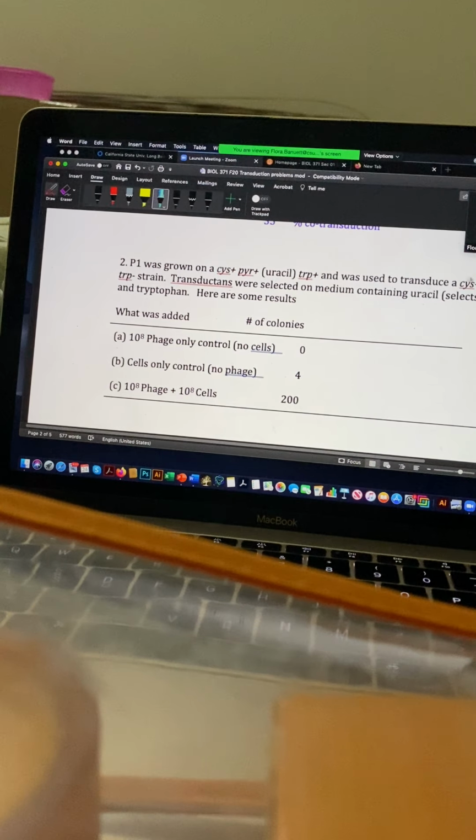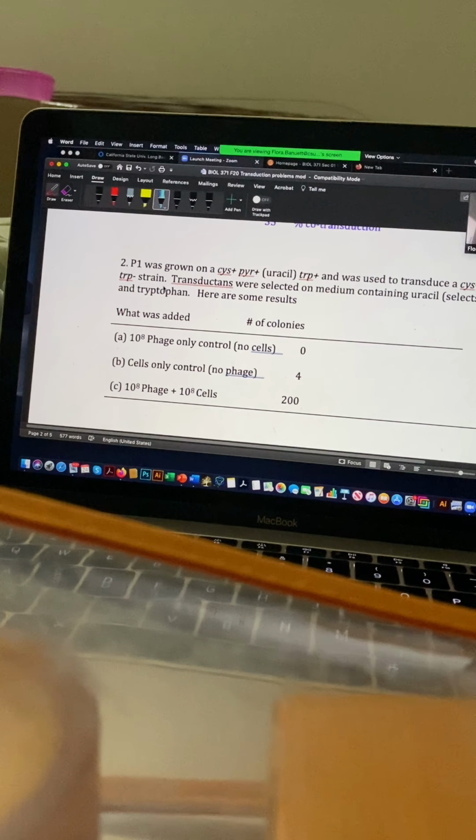Remember, you are plating these cells, cis minus, peer minus, trip minus. And you are selecting for, so you're selecting uracil, right? I would think that they're just genetic mutants in the colonies that would be able to use the uracil and they can grow without being transduced.